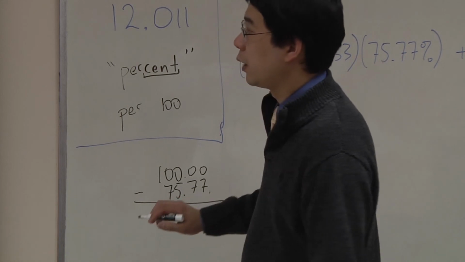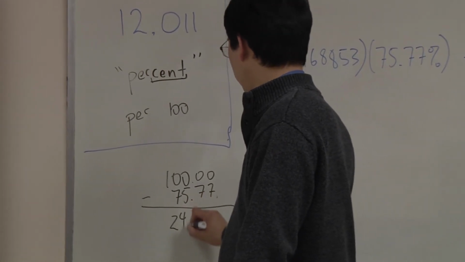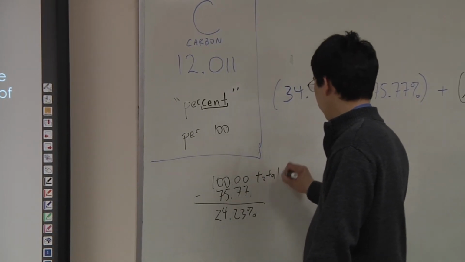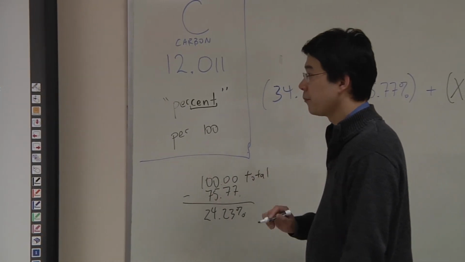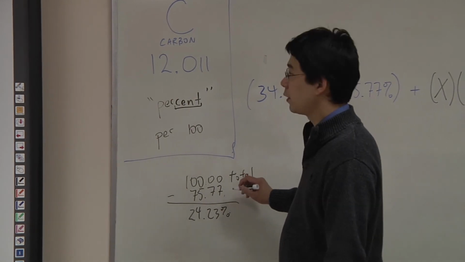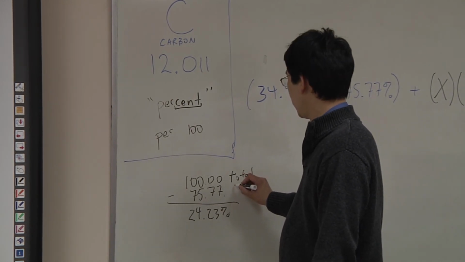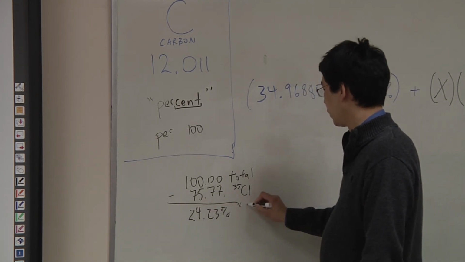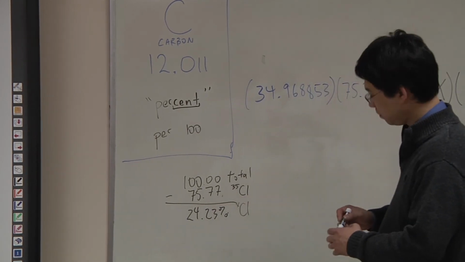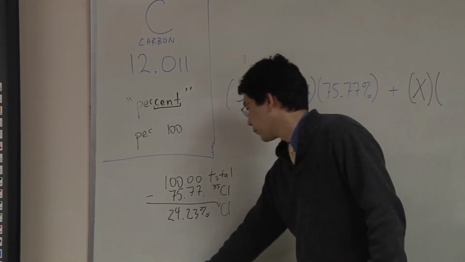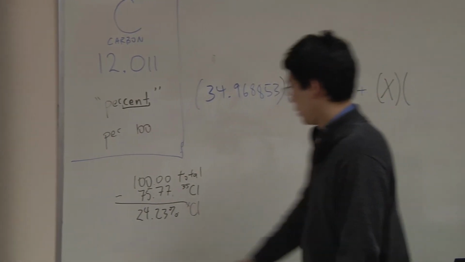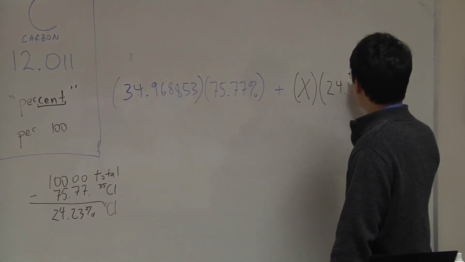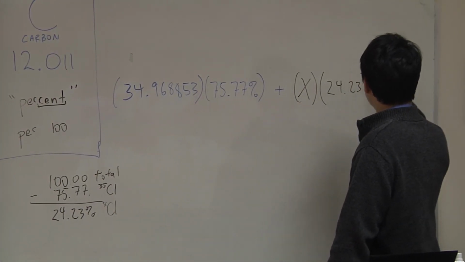And when we do the subtraction, we get 24.23%. So this is total. Total, of course, is 100%. That's what you want to get on your exam. 75.77 is chlorine-35, and this is chlorine X, and that's what we're going to put in here, 24.23%.